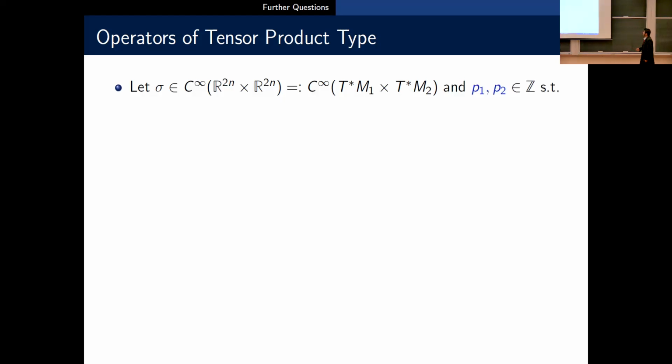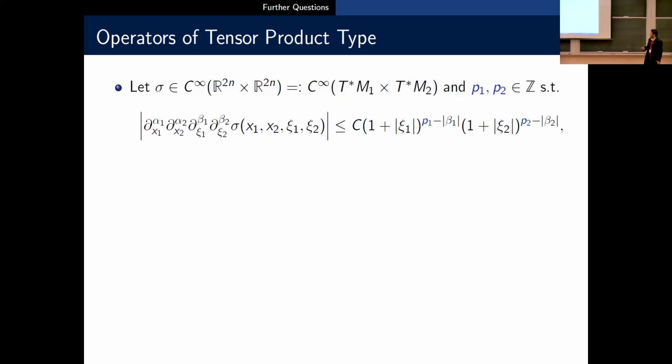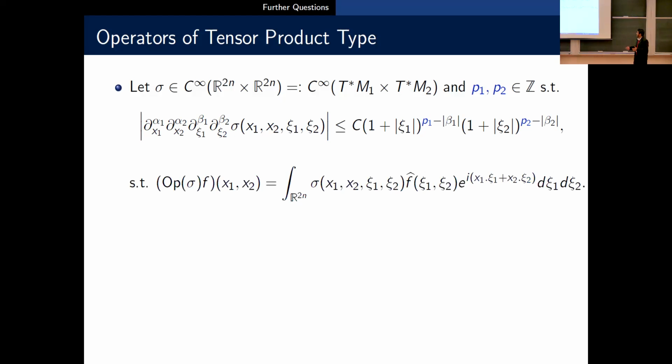So you want to have distinct decay or growth, however you want to think about symbol functions, in the distinct directions of your manifolds, and that will give you a Fourier integral type operator like you usually have in pseudo differential theory.